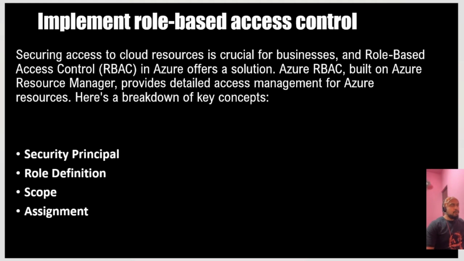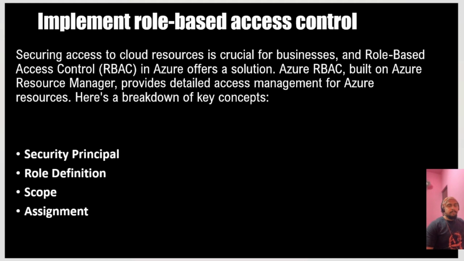I'll talk about some important points here. There is security principal, right? It represents entities that are requesting resource access. A security principal defines the entities which are actually requesting access to the resources.